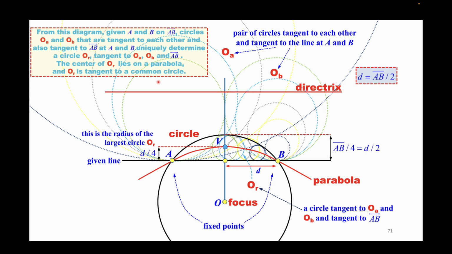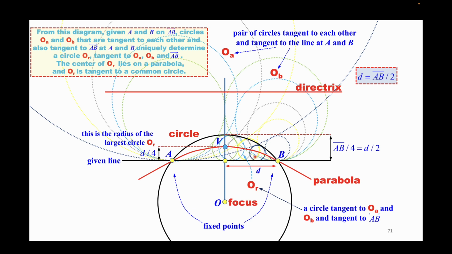So, in summary, what we have done so far is the following. Given a fixed line and two fixed points A and B, circles OA and OB that are tangent to each other and also tangent to the line at A and B respectively induce a sequence of circles that are tangent to OA and OB and the common chord.